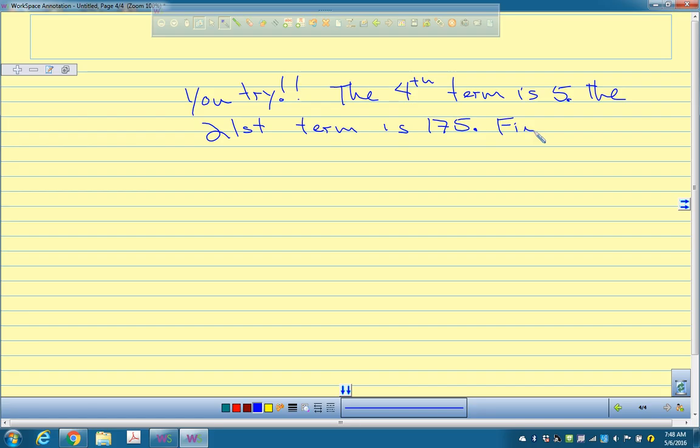Find the formula. Go ahead, give that a shot.